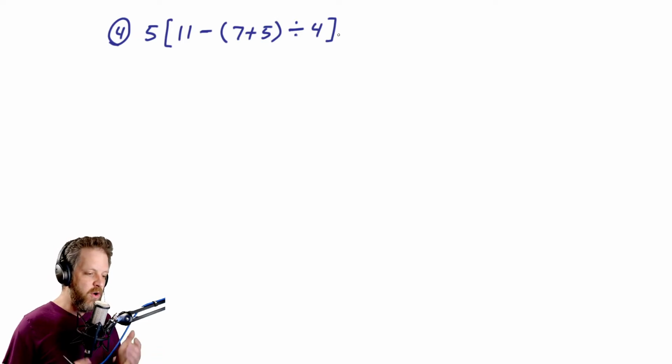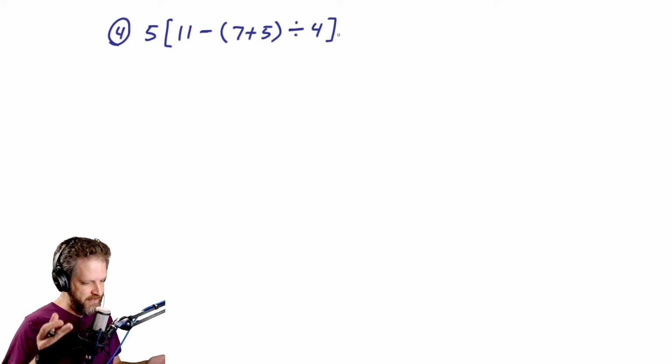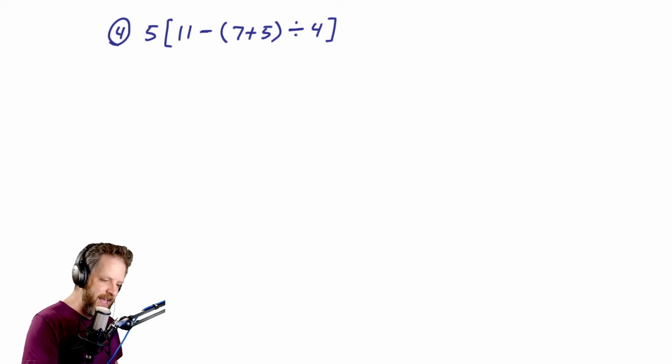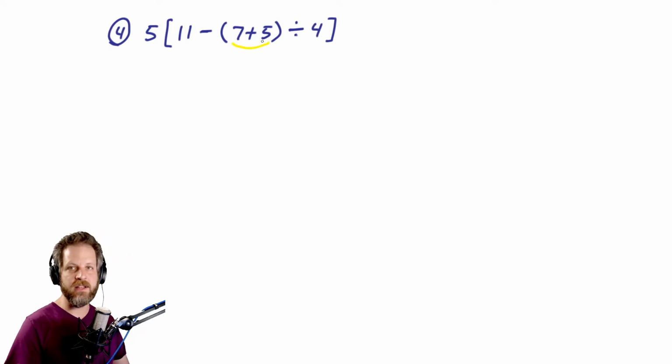Sorry. So we're going to work parentheses, grouping symbols, right? And we're going to work those from inside to the outside. So we find the innermost grouping symbol, and we take care of that first. The first thing we're going to do is take care of this 7 plus 5 because that's the inside-most grouping symbol.